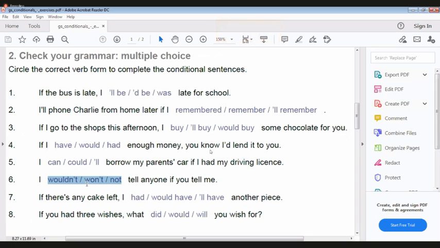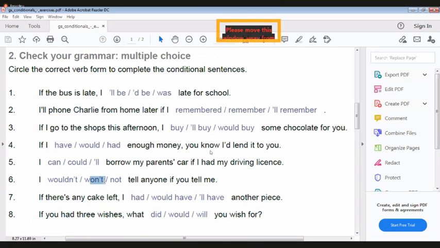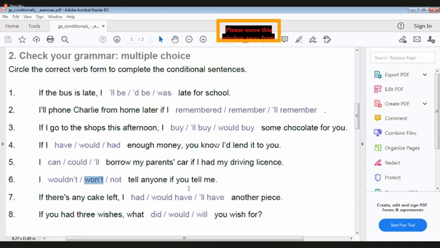Then what is there? Which one is the future? Won't is will not. So it should be first conditional here. I will not tell you. Okay?